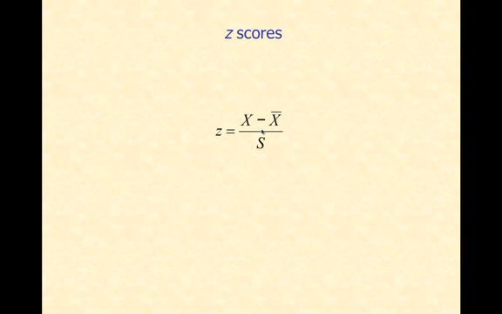So for those of you that are already onto this, you can jump ahead in your head, and you can figure out that an observed score of 115, take away a mean score of 100, divided by 15, and we have a z-score of 1. So let's actually just go through an example here.